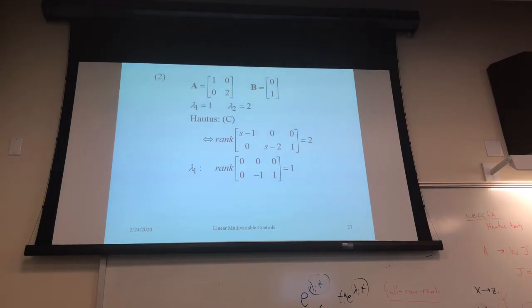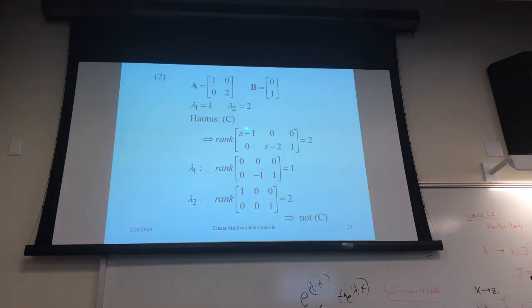We cannot. So it's still 2, right? So what's going on? This is not controllable. Okay? Because this one is a rank deficiency.